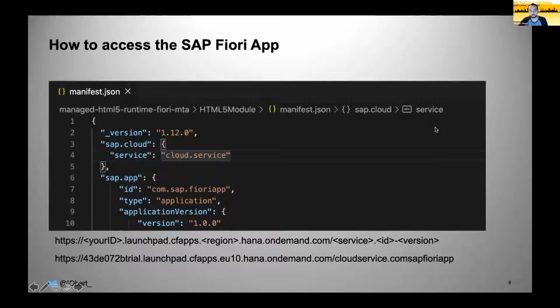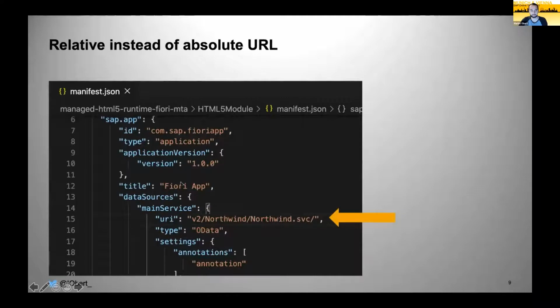A second thing that comes with this URL change is that here you see the URL where you can access the web application, and you configure all routes on the level of your web application. So when you, for example, have a data source and you define the URI of the data source, you need to make sure that it does not start with a slash.